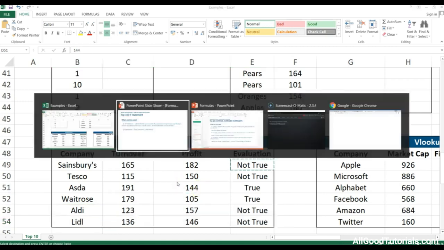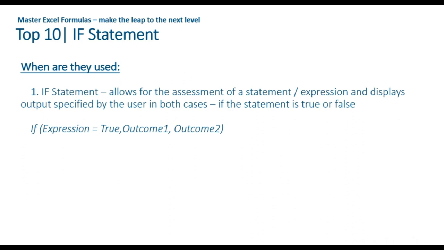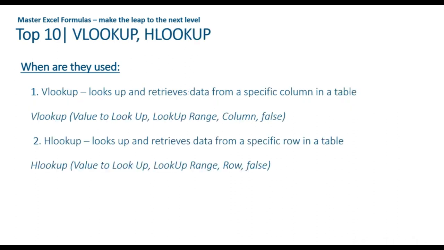Now going back to the presentation, the next group of formulas is the lookup formulas, VLOOKUP and HLOOKUP. The first formula, VLOOKUP, is probably one of the most frequently used formulas in Excel. It looks up and retrieves data from a specific column in a table. What is the structure of the formula?